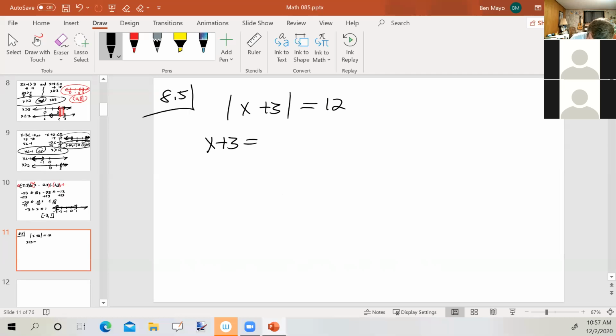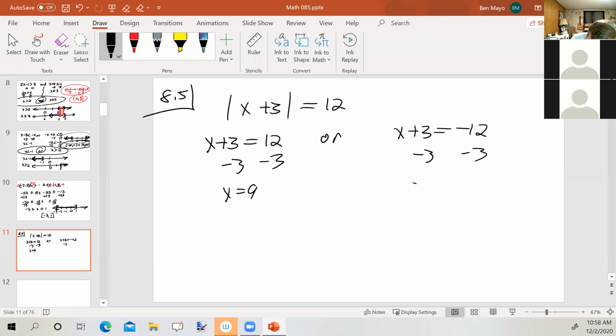What's inside the absolute value bars must equal 12, or what's inside could equal the opposite of 12 or negative 12. Because if what's inside is equal to negative 12 and we take the absolute value, we would get a positive 12. So now solving these two equations, I get x is 9 and x is negative 15.